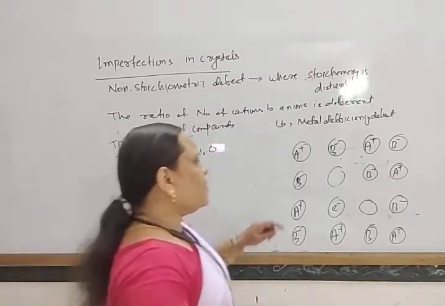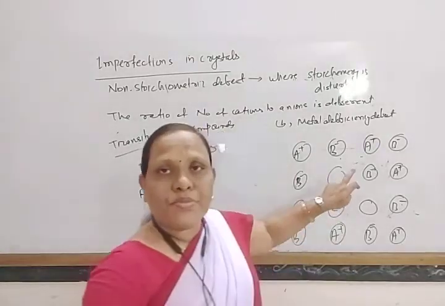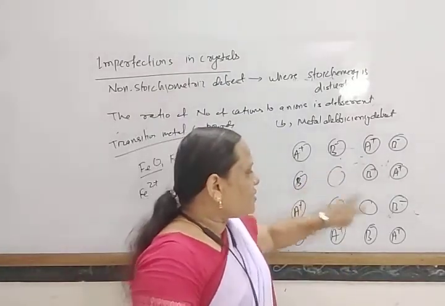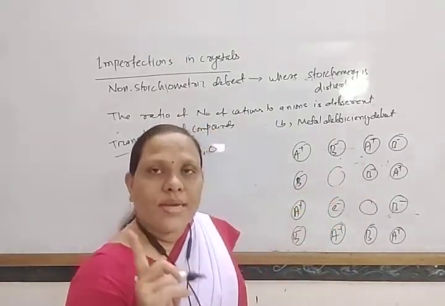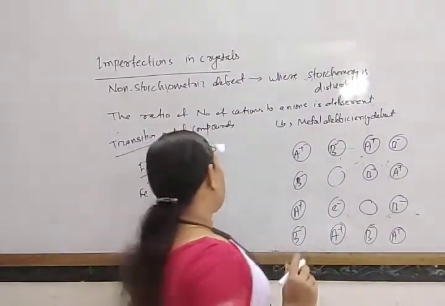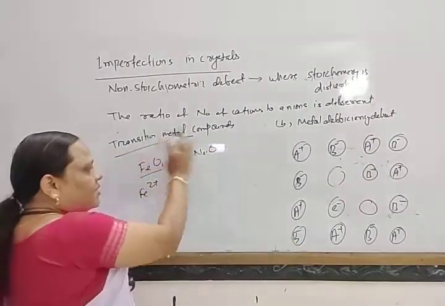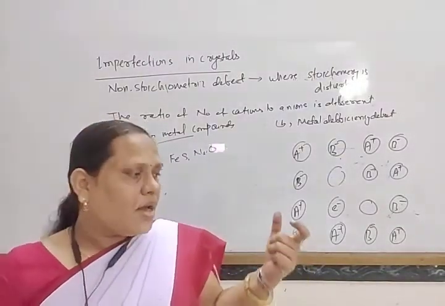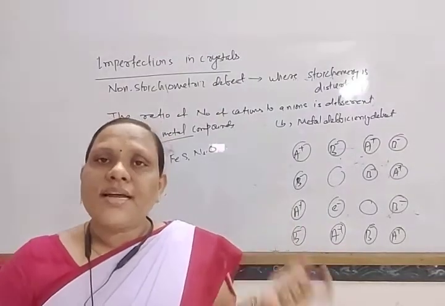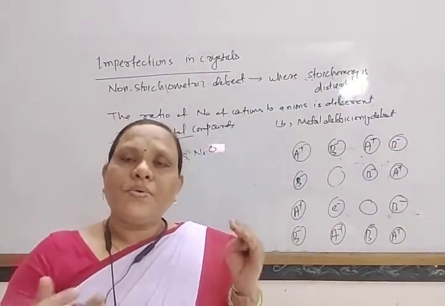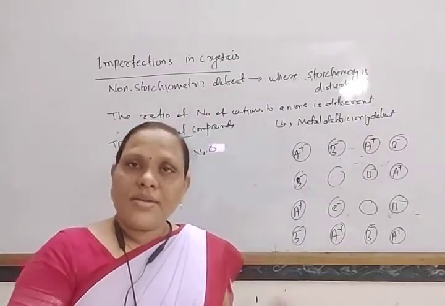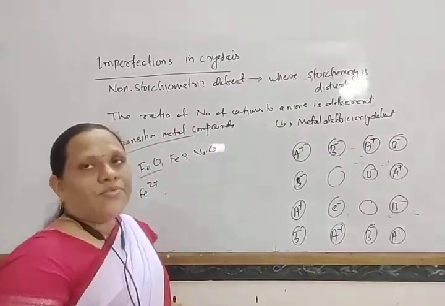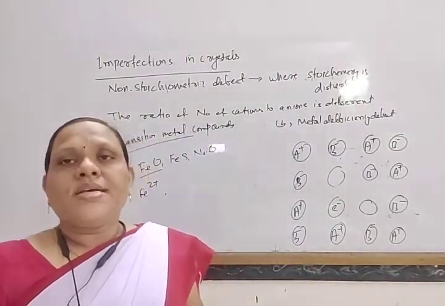But some Fe2 plus ions are removed, and to balance this, in the place of 2 Fe2 plus ions, 1 Fe3 plus ion remains. So in this way, to maintain the electrical balance, if one cation is missing, another cation with higher oxidation number remains at another lattice point, so that it can maintain the electrical neutrality.